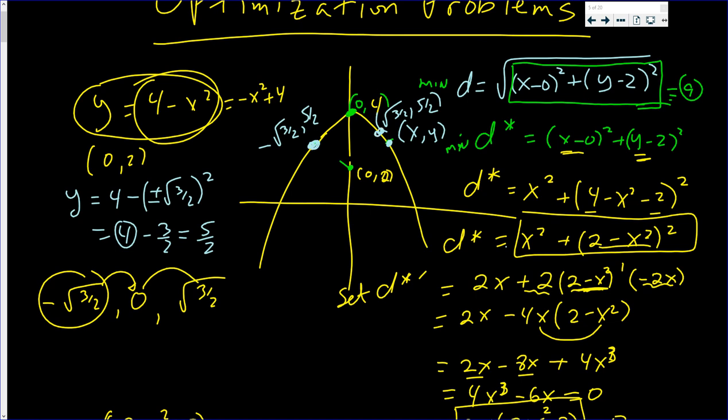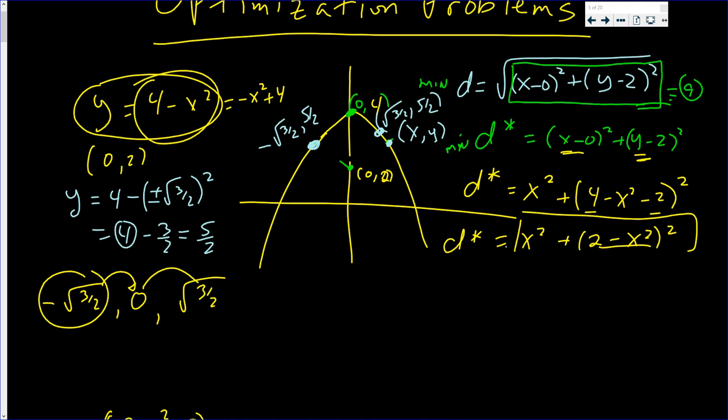Now, what if I wanted to find the min distance? Okay, let me erase an awful lot here. Well, I have what d star is. All I have to do to get d is take the square root of d star.